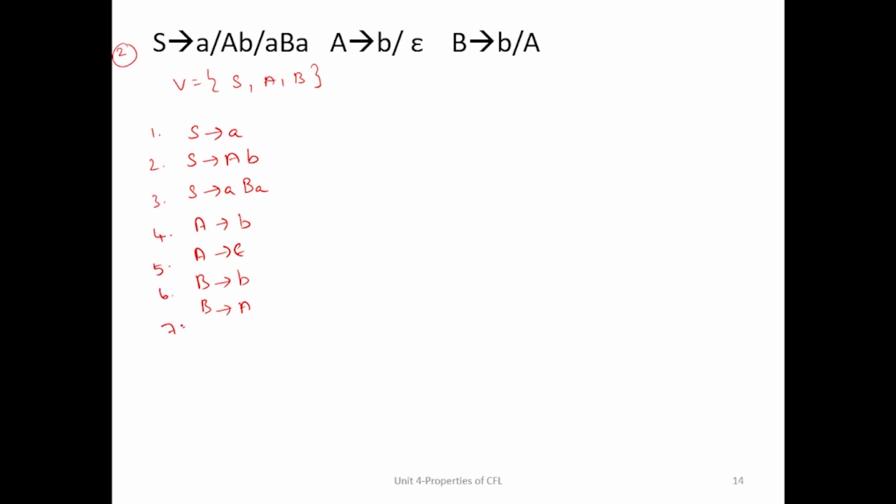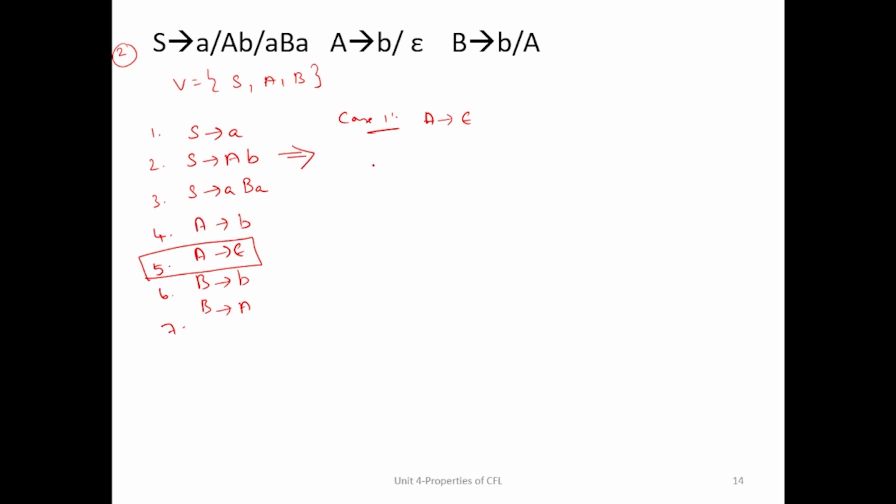If you apply case 1, the epsilon production is A implies epsilon, that means the 5th production. So you cannot use the 5th one. If you eliminate the 5th production, you should substitute A as epsilon at its right side, wherever A is available.